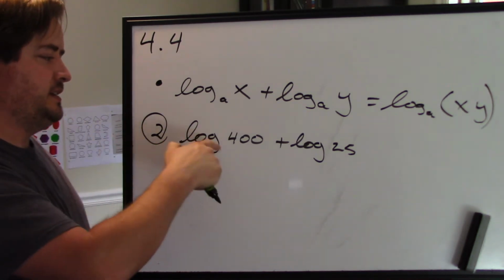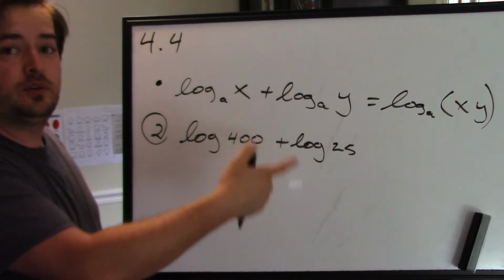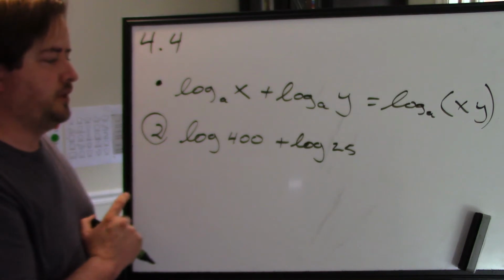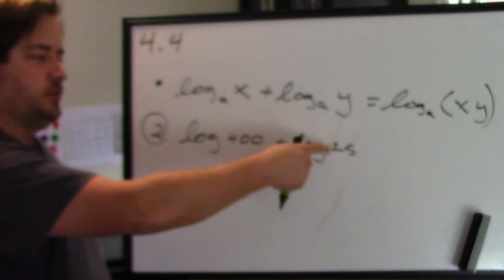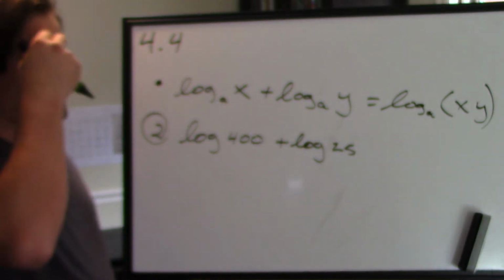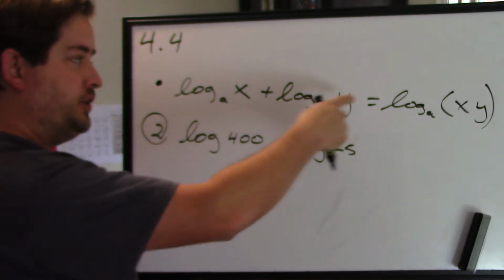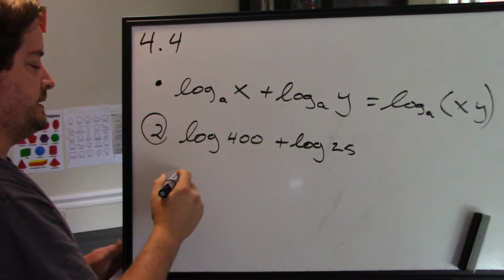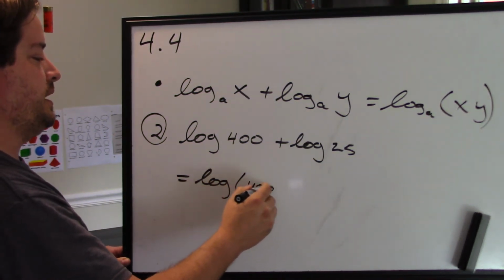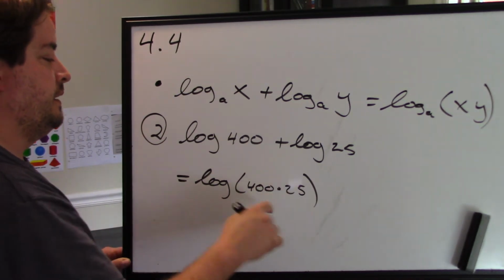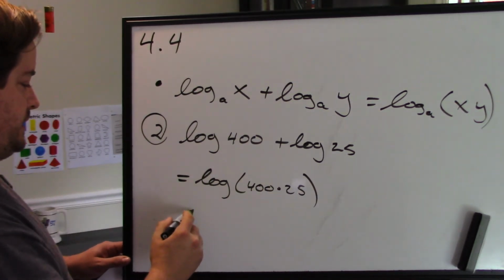So the log base 10 of 400, I don't know what that is. If you throw it into a calculator, it's going to be a pretty horrific number, a decimal that goes on forever and ever. Log of 25, same story. They're not going to be pleasant numbers. But I can use this property to say that this is the same thing as the log of 400 multiplied by 25. That, of course, is 1,000.